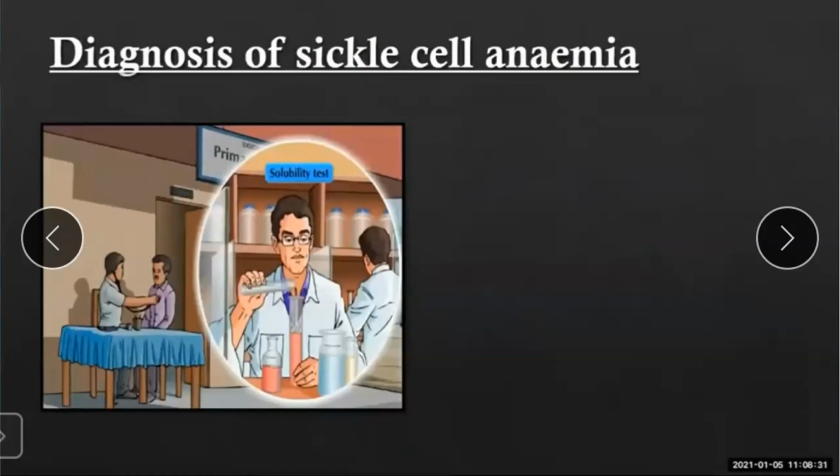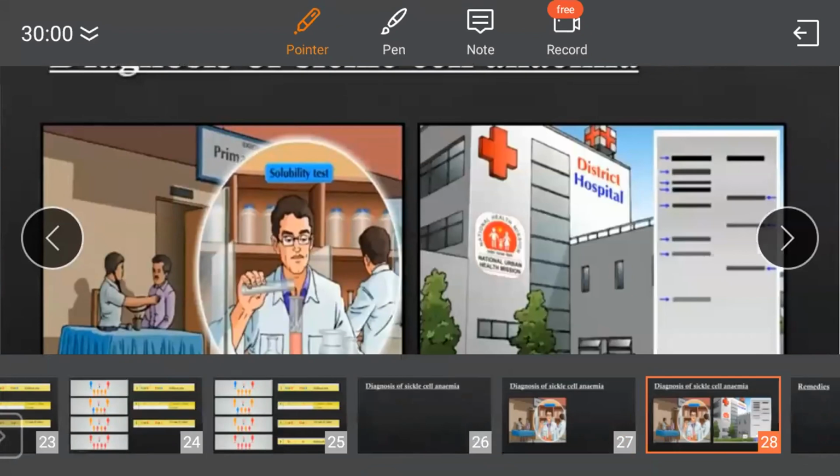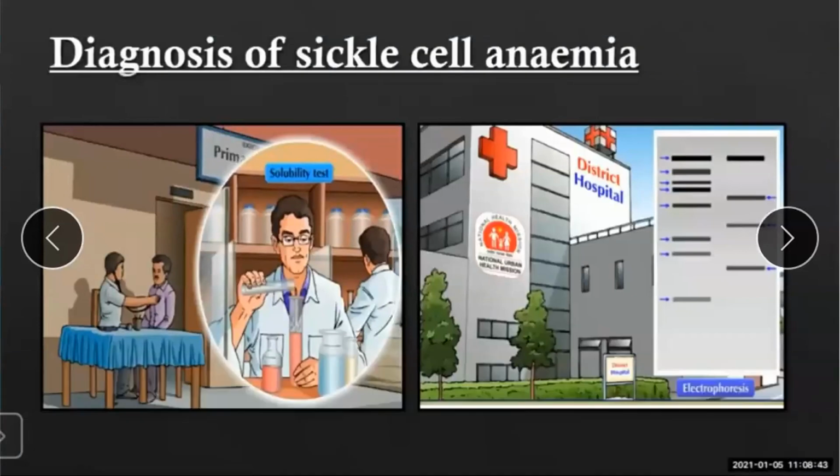Similarly, the confirmatory diagnostic test, that is electrophoresis, is also performed at rural and sub-district hospitals. So these are the tests which can be done in hospitals to diagnose sickle cell anemia.